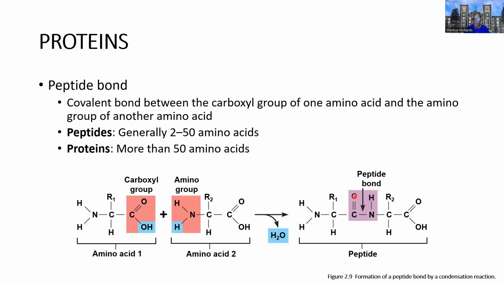So these two amino acids joined together is going to be an example of a peptide. So a peptide is a shorter chain, about 2 to 50 amino acids covalently bound, versus a protein. Anywhere beyond 50 amino acids bound together is where we get into the realm of it being a more complex protein. Okay.